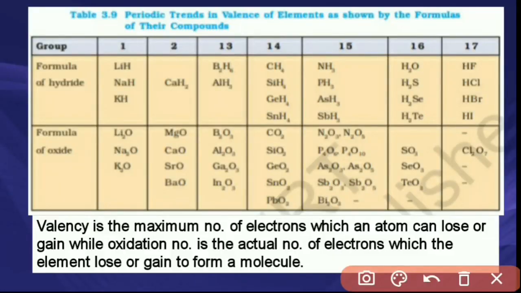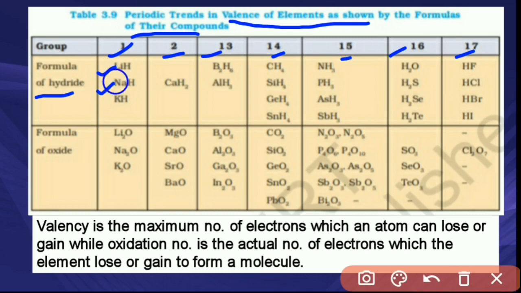See in this table the valency of elements shown by the formulas of their compounds according to group, group number 1, 2, 13, 14, 15, 16 and 17. Formula of hydride, for group number 1 elements: lithium hydride, sodium hydride and potassium hydride. And we can see that the number of hydrogen atoms changes according to the formula.